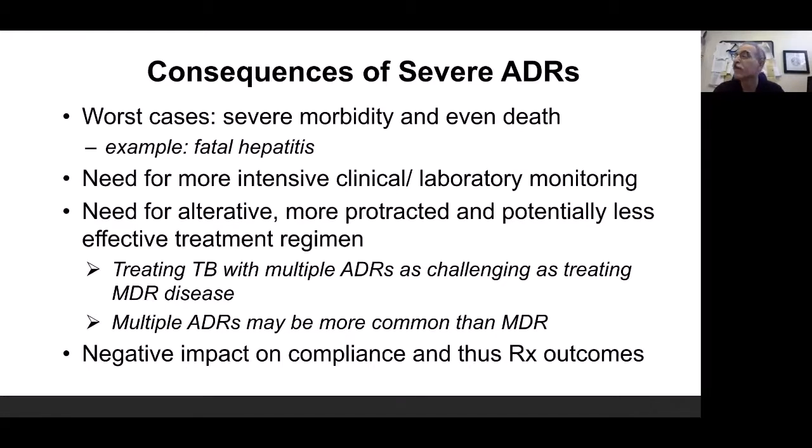But the biggest thing is that if someone has an adverse drug reaction to a medication, you already have someone who is more skeptical about everything else that's going to happen to them during the course of treatment. It interferes with compliance and therefore potentially interferes with outcomes.